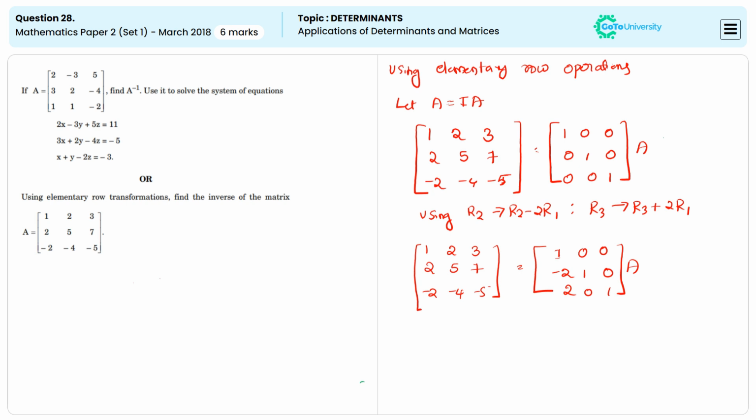Now using a row operation again, we are going to alter R1, that is row 1, will be changed to R1 minus 2R2.